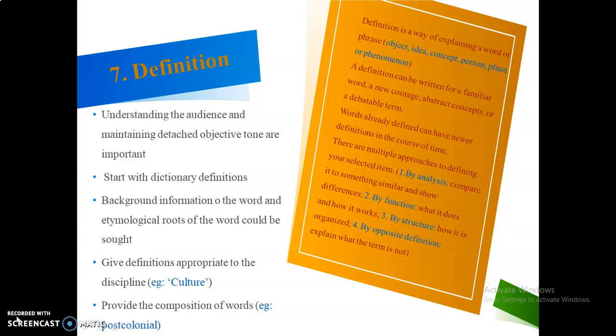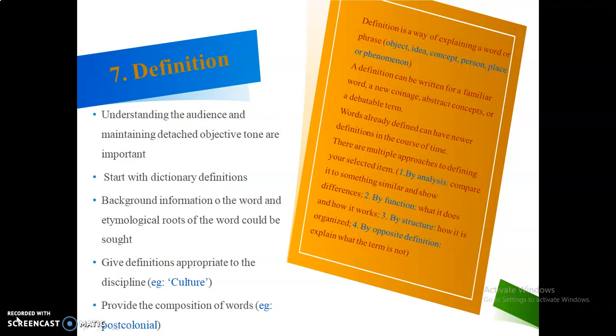While doing academic writing, we should always keep the audience in mind, and we should also use an objective tone while writing the essay. We need to start with the dictionary definitions. Almost all words and concepts have definitions available in dictionaries or on the internet. So we need to start from that. After that, we have to move on to our own definition.